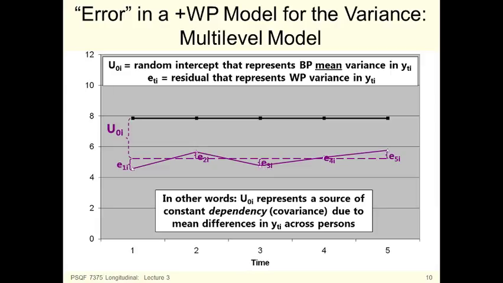So another way of saying this is that that U0 term has captured, has predicted or accounted for the dependency that used to be there in the E's because this person was just below average all the time. So U0 is a way to build in a prediction of constant dependency, constant covariance across time, or constant correlation across time due to mean differences.